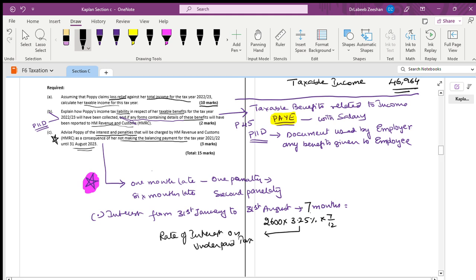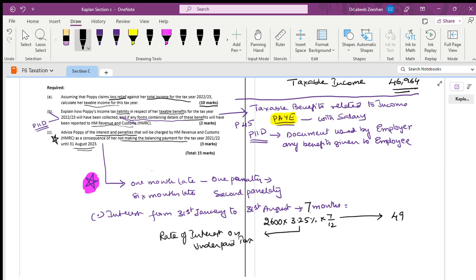It comes to how much? It's 49. I will calculate again. 2,600 multiplied by 3.25%, divided by 12 times 7. Yeah, 49.